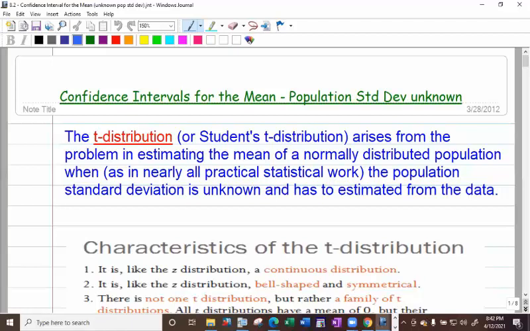When this came about, this guy back in the 1800s, I think, Gossett, he published under the name Student. That was for the unknown standard deviation, especially smaller sample sizes, where the distributions weren't always exactly normal, and he came up with this.